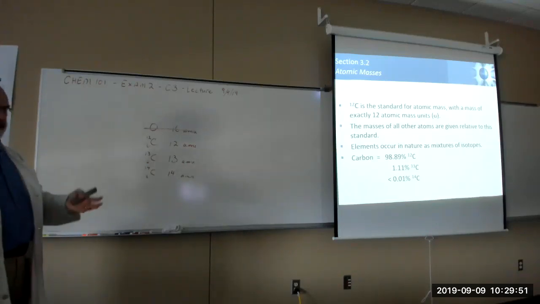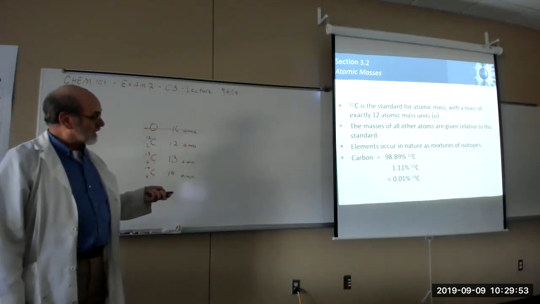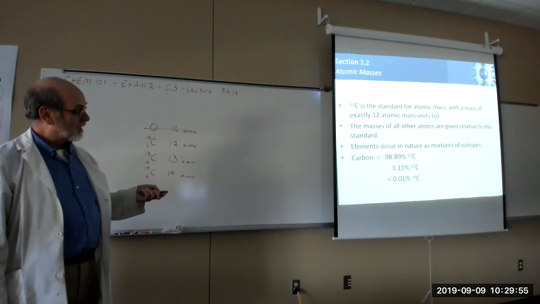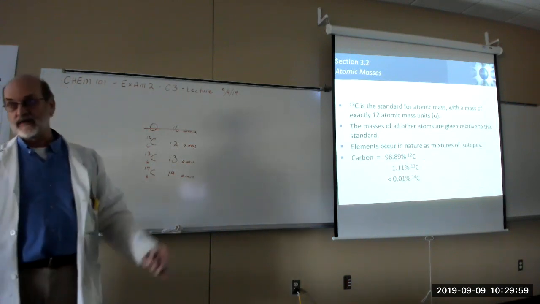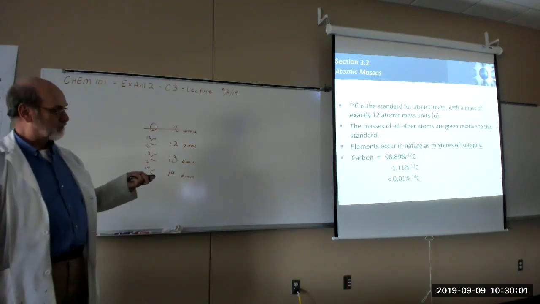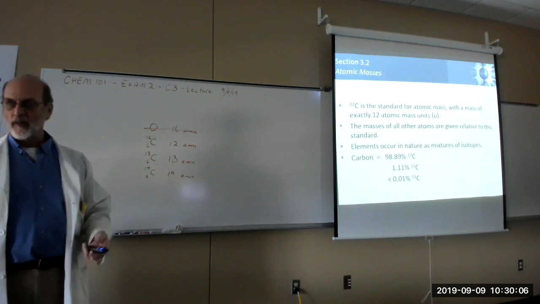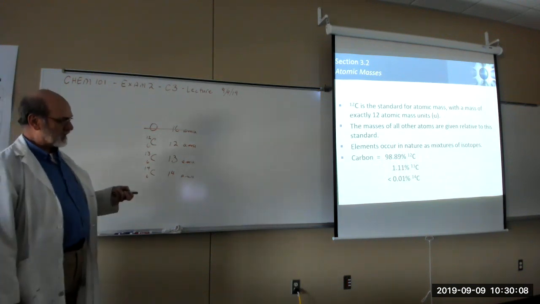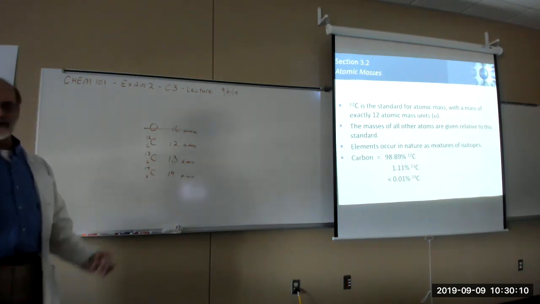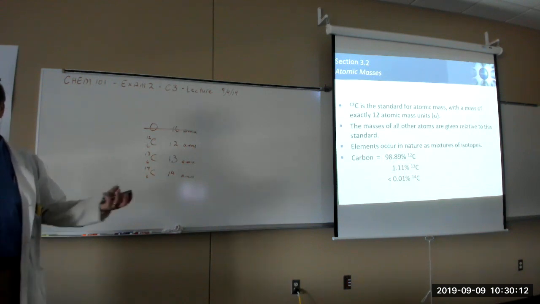So they use this equipment, and they determined that in a naturally occurring sample, carbon-12 is most of it, 98.89%. Carbon-13 is a little over 1%, and carbon-14 is far less than 1%. So you can basically ignore that one.